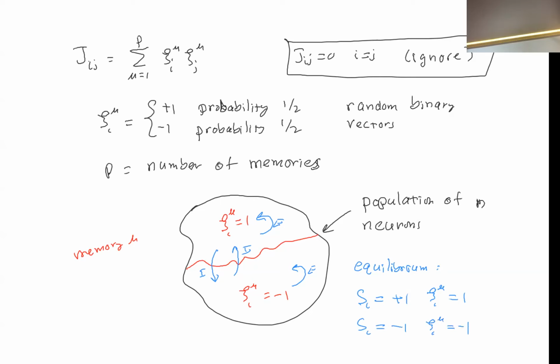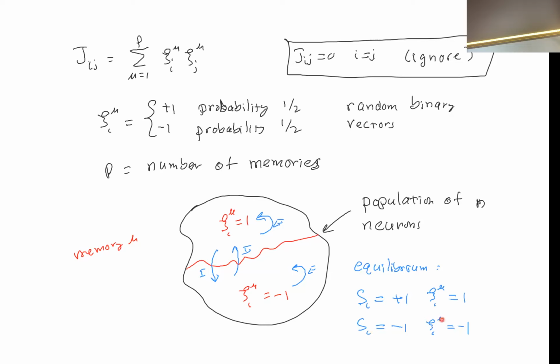The plus and minus were kind of weird, but this would make sense, right? If you look at this, the -1s excite each other, they keep them at -1. The +1s excite each other, they keep it at +1, and they inhibit each other. So the -1 is going to be a little bit weird, but we'll see that that actually makes sense.